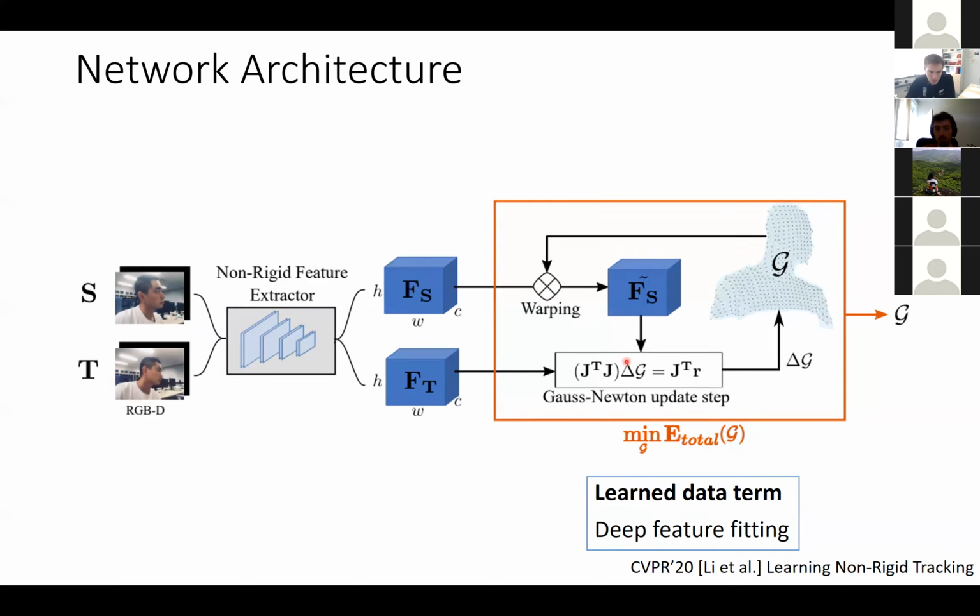I'll talk a little bit about this one. We get some delta update on the graph, and based on the graph, you're warping the features here, and now we're getting the warped correspondences, and we're basically comparing warped correspondences from here with the target correspondences, and we're doing this based on a ground truth loss on the graph.